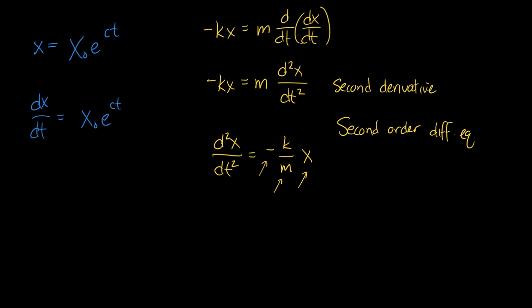But I have to obey the chain rule, which does what? I have to take the derivative of ct with respect to t, which is going to produce a constant. So if I rearrange that, I get c x naught e to the ct. That is my first derivative with respect to t. I'm going to take the next derivative with respect to t.